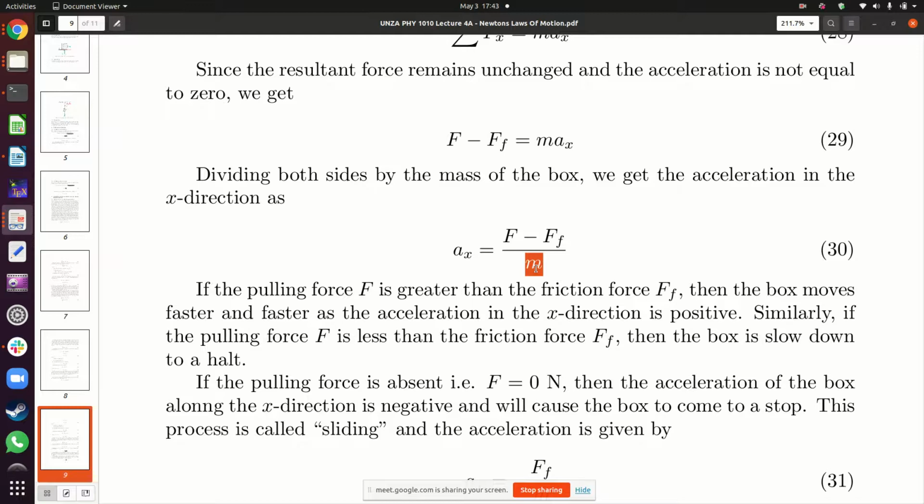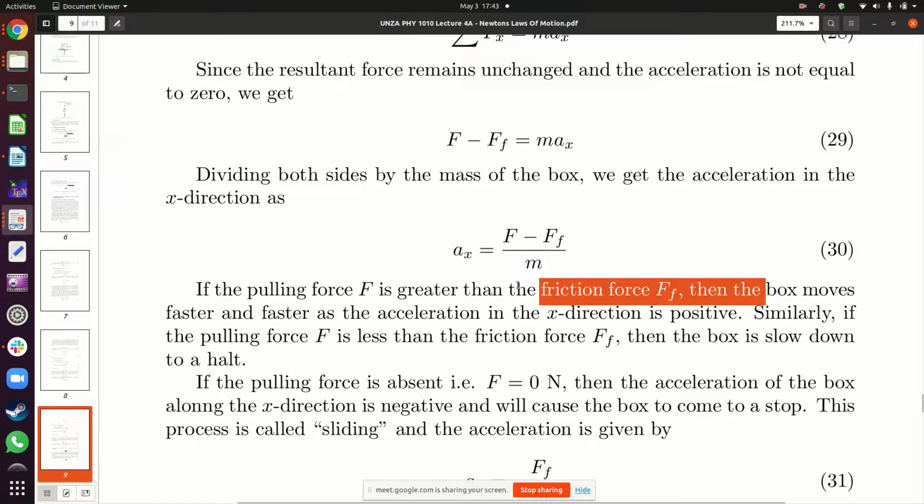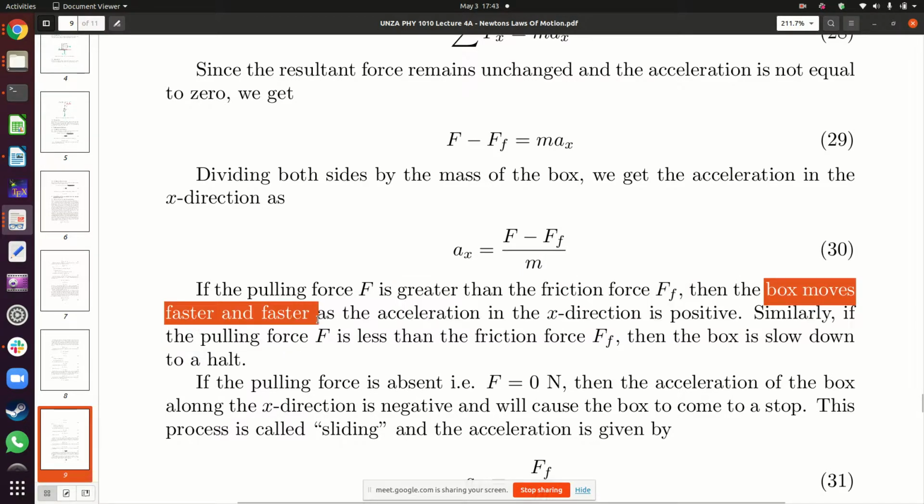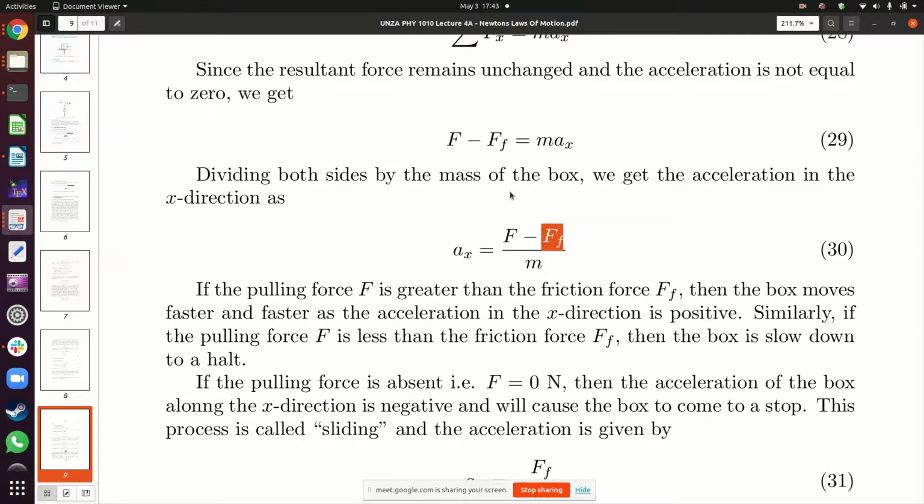This positive acceleration is what makes your object move faster and faster. So there's going to be an increase in the values of velocity of this object because the acceleration is positive. Similarly, if the pulling force is less than the friction force, then F minus Ff is going to give you a negative resultant force because F is less than the friction force.